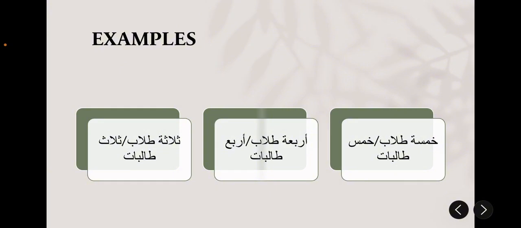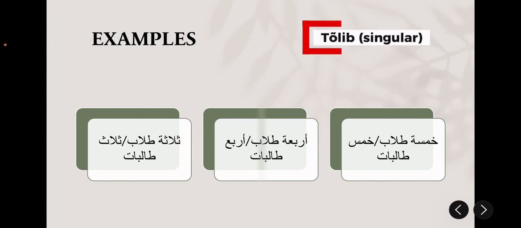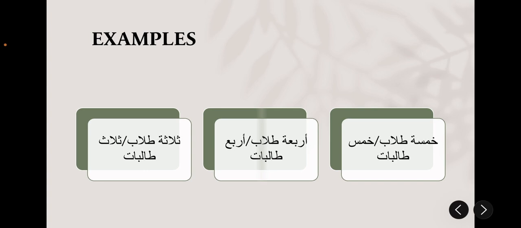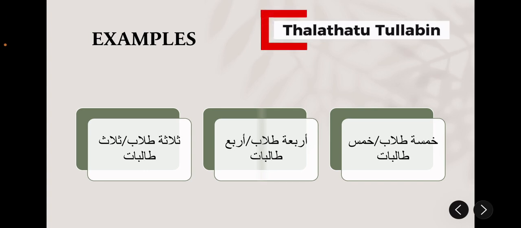Okay, so let's look at some examples. 3, 4, and 5 students, both masculine and feminine. Talib is masculine, student, 1. The plural is tullab. Now, since we have established that tullab is masculine, then the number will be feminine. So that's why we say ثلاثة طلاب.